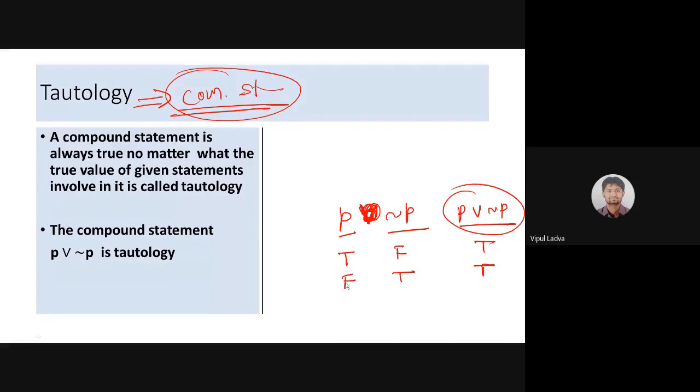TF में भी T आएगा, FT में भी T आएगा. So if we observe the truth value of this compound statement, it is true in all the cases. So we may conclude this compound statement is a tautology. Universal truth, I can say. It is a universal truth in any of the cases.